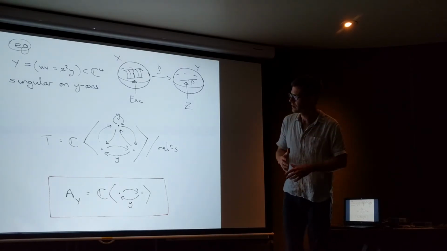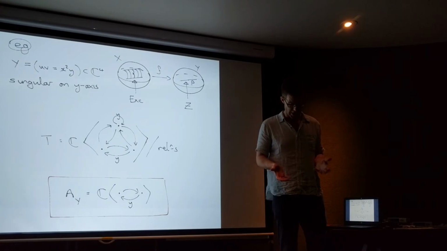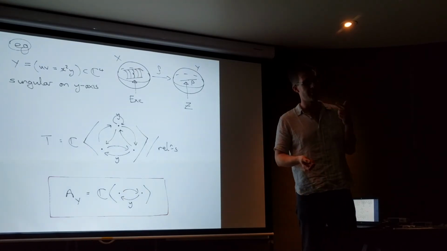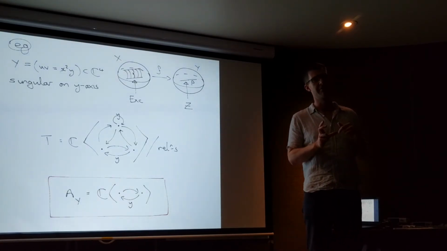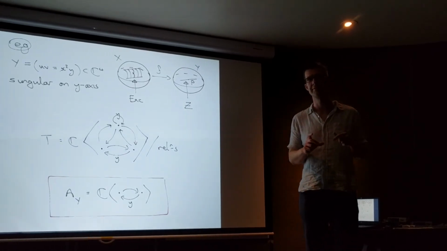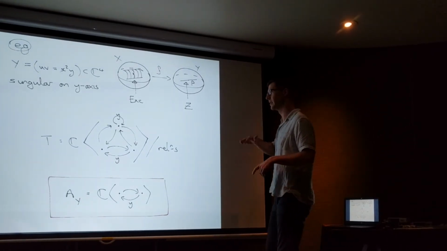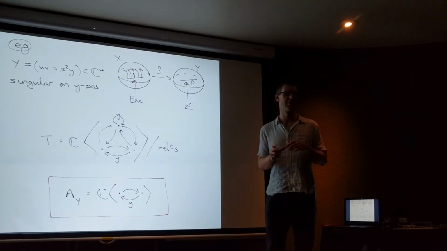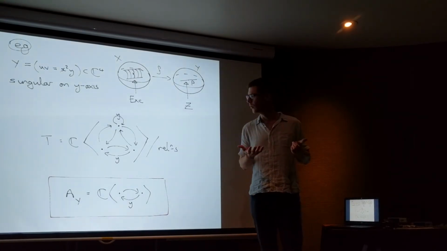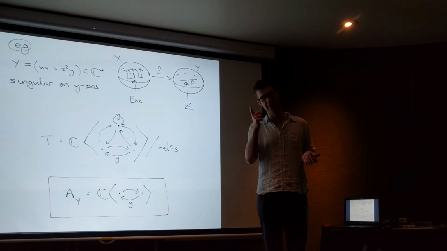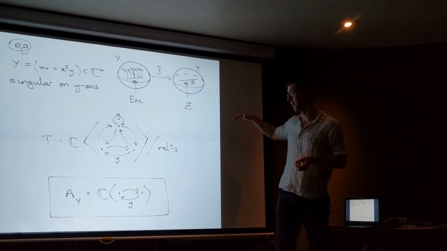And then what was my procedure to form A? I quotiented by endomorphisms that factor through some number of copies of the structure sheaf. And in the quiver picture, that just corresponds to factoring by all paths that pass through the vertex corresponding to the structure sheaf, so the top vertex.